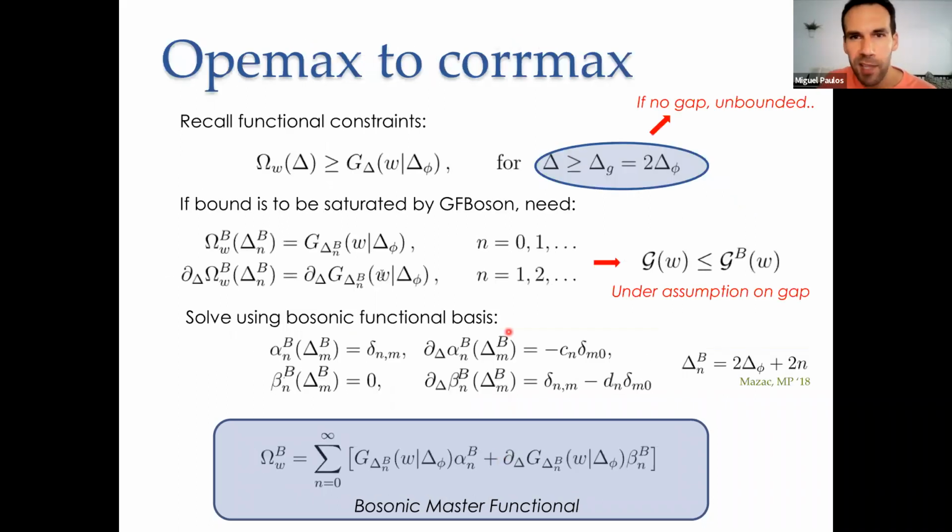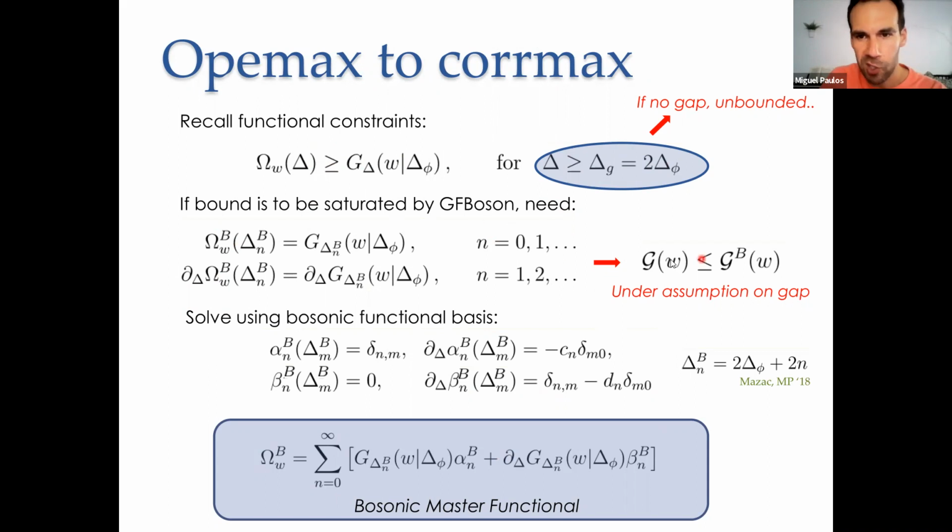Let me just mention that we can do the same thing for correlator maximization. We can play the same game. Now we're going to demand an upper bound on correlators with a gap, and this gap I'm going to set to be 2 delta phi, because we saw in the numerics that there seemed to be an upper bound saturated by the generalized free boson. So we're going to try to prove that one as well. It's the same story: there's also a bunch of necessary conditions that you need to solve.